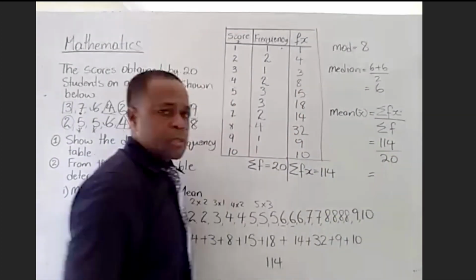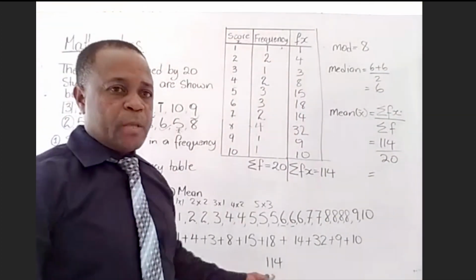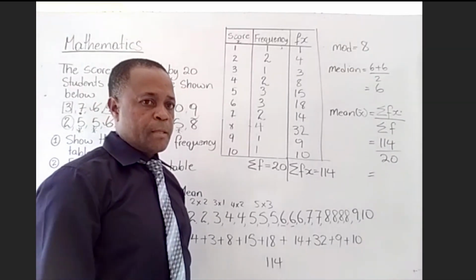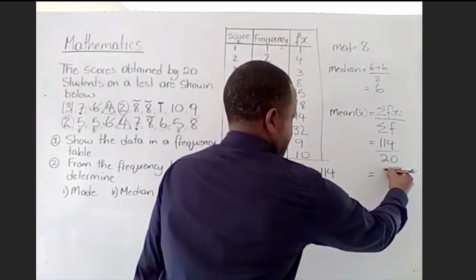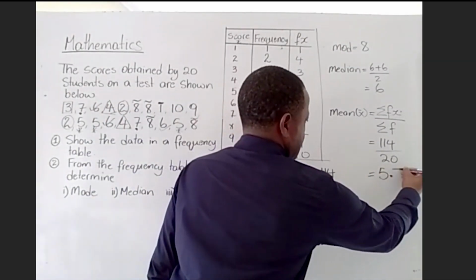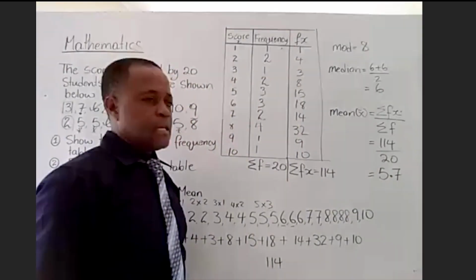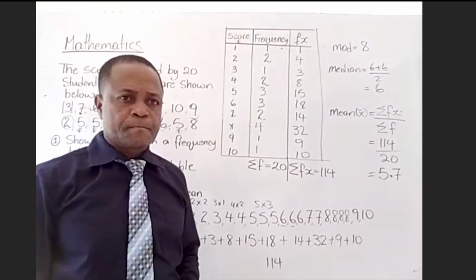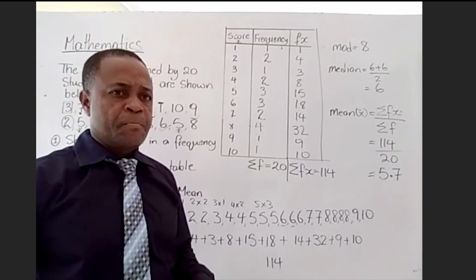So we just do our substitution there, and then we can calculate our mean, which we already know is 5.7, and that is our average.